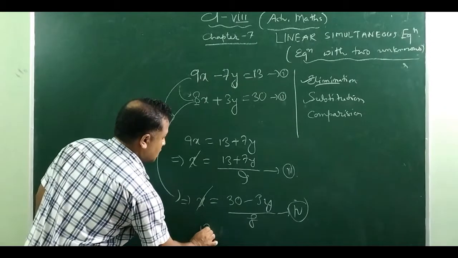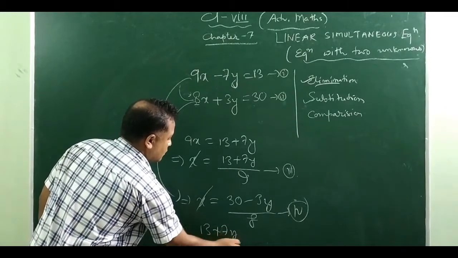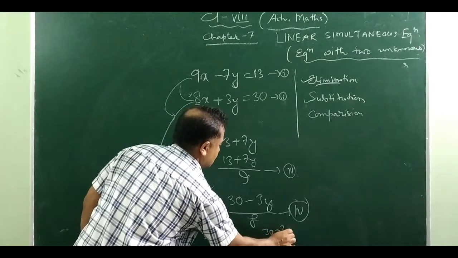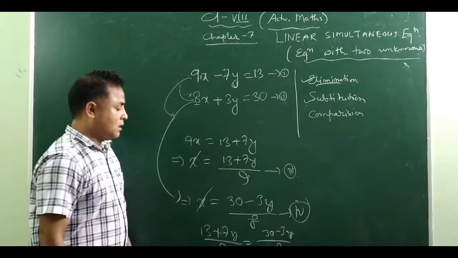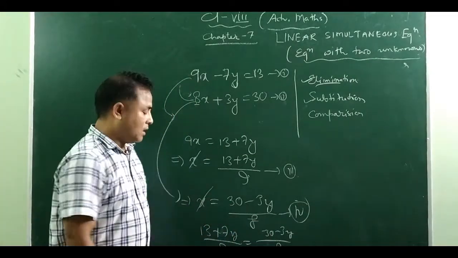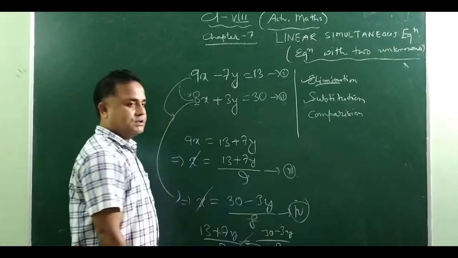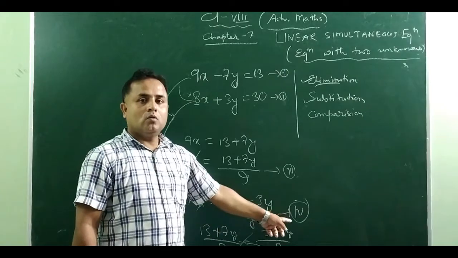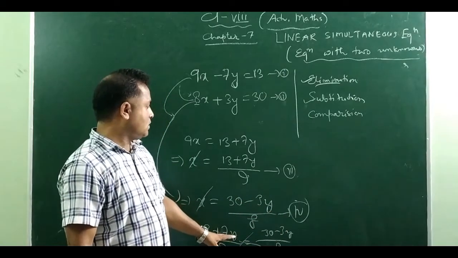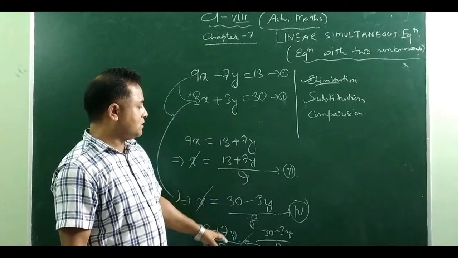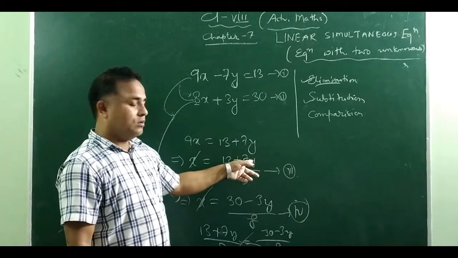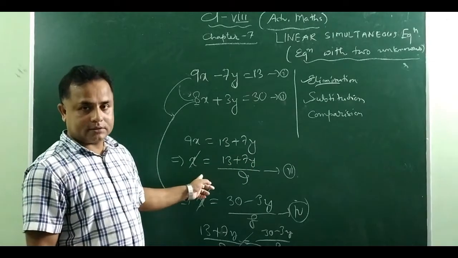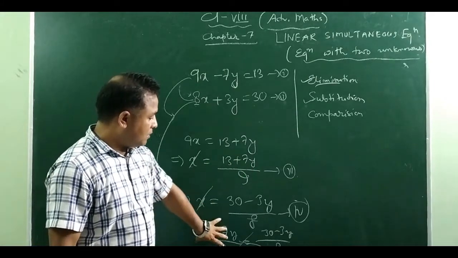Then (13 plus 7y) by 9 is equal to (30 minus 3y) by 8. Now you will solve by cross multiplication, and then you can find the y value. If you find the y value, you can put it into any one of these equations, in the independent variable, and then you can find the value of x. So I will solve this one.